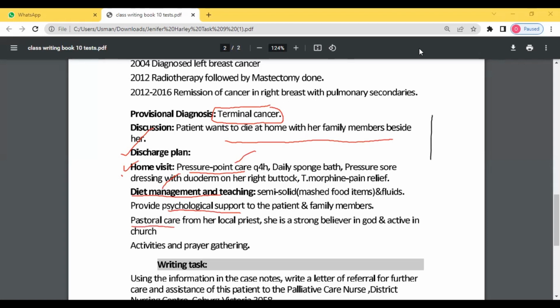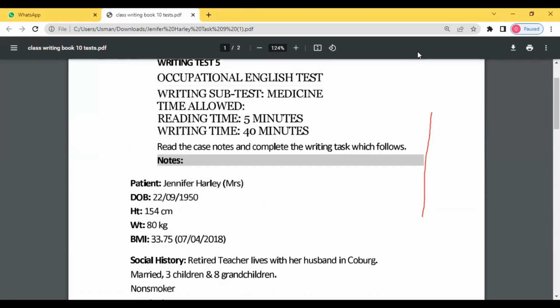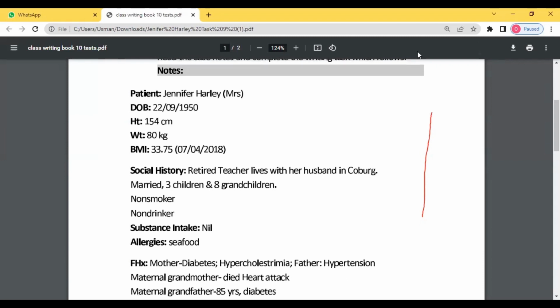So in this regard, this is the focus of writing. According to this focus, you would go on and select the case note details. So in view of the discussion we have had right now, DOB is important. Height, weight is important. BMI is also important. And this is the date on which we are writing this letter.